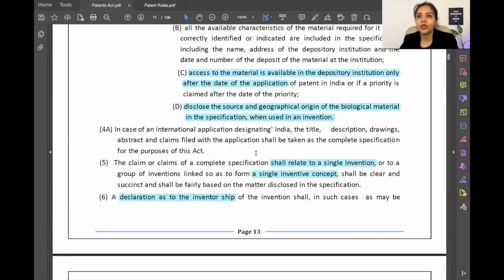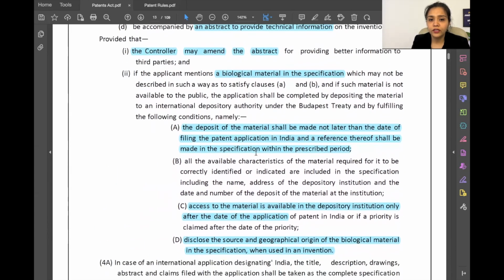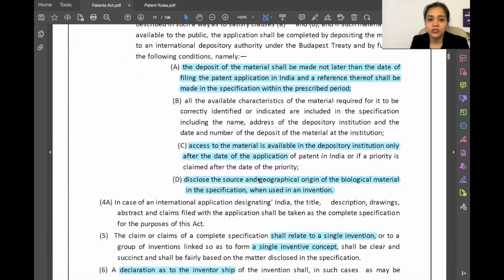To give you an example, if an algae of a particular location, an algae of river X, or an algae growing in a particular region X, is used in an invention for water treatment, and if the specifications of that algae are not known or available to the public, then we should submit that algae in the depository institution, give references, and fulfill requirements A, B, C, D as we have just discussed.